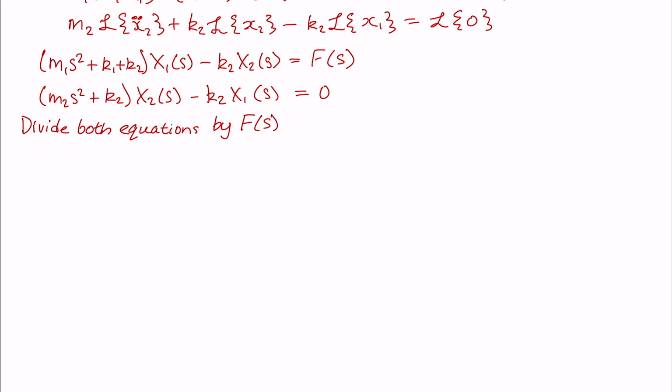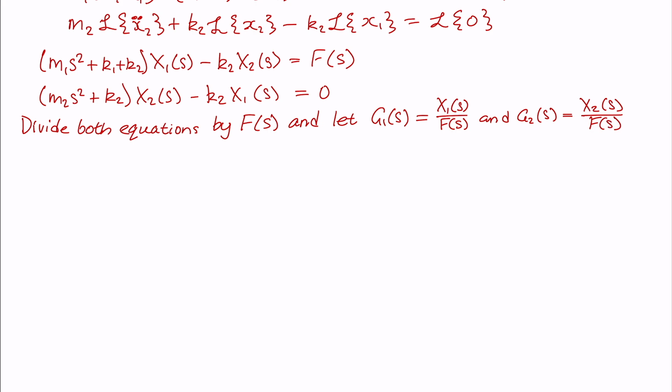And we're going to let G1 of s be equal to X1 of s over F of s, and G2 of s be equal to X2 of s over F of s.